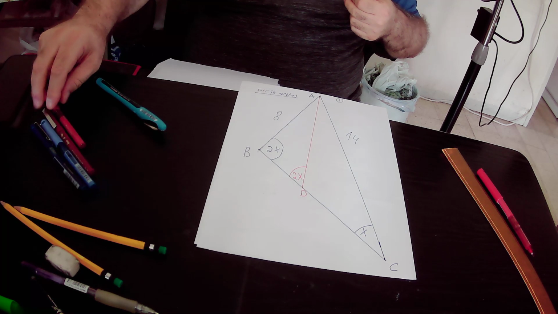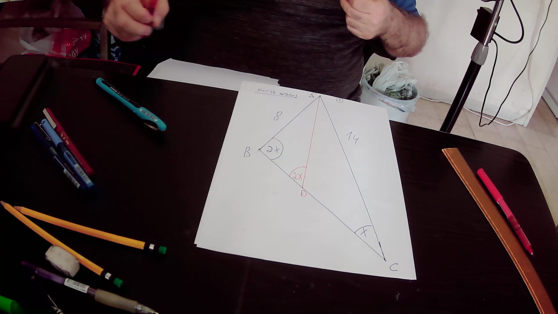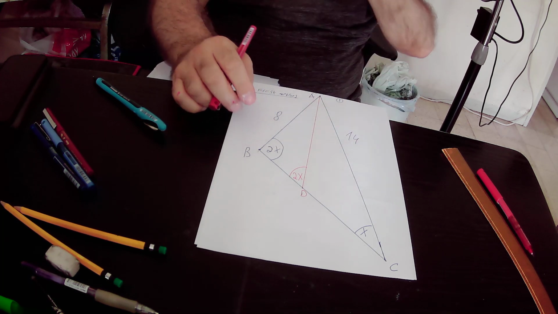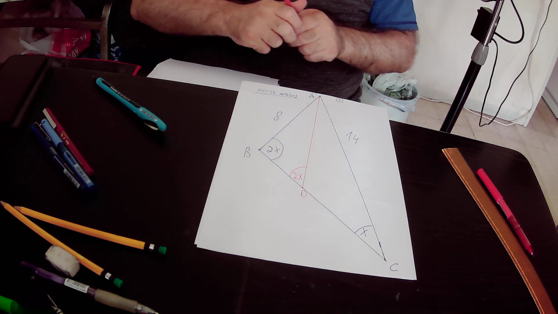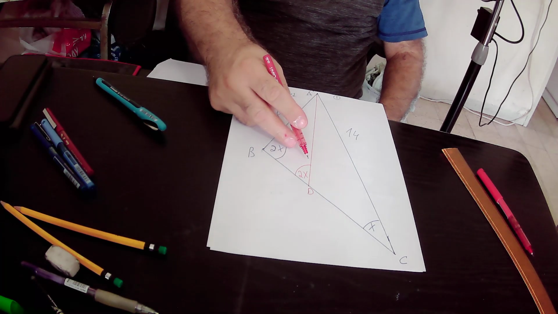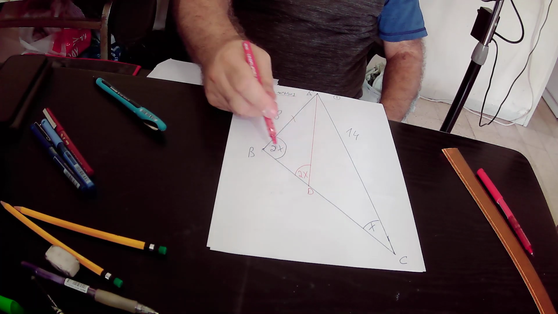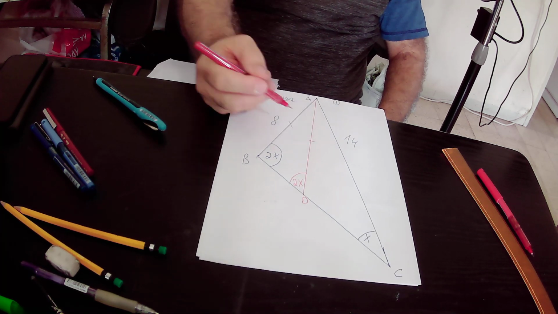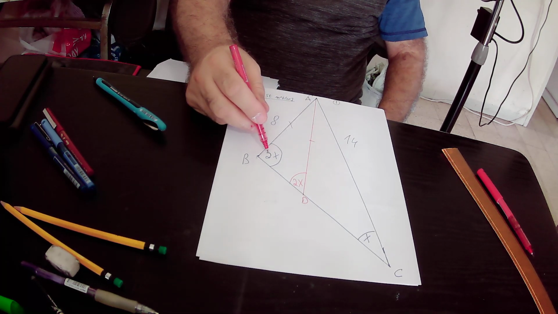According to rule number 1, in front of equal angles we have equal sides. That is to say, AB, that is in front of this angle 2x, will be equal to AD, that is actually in front of this angle 2x.